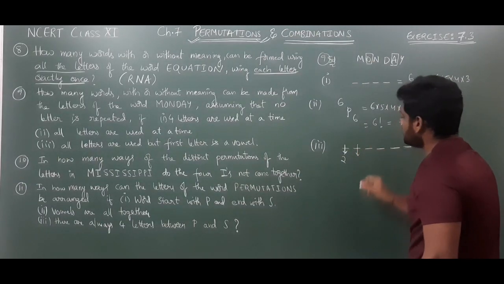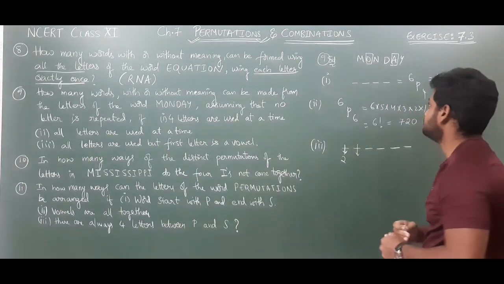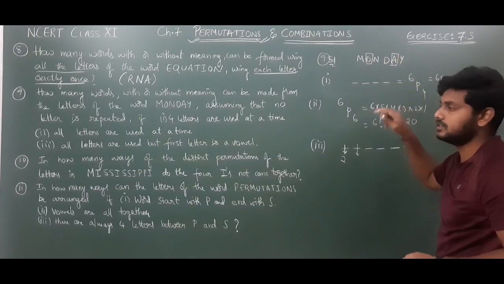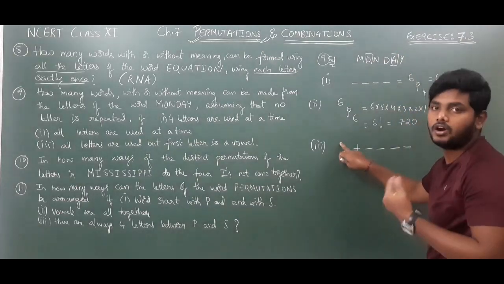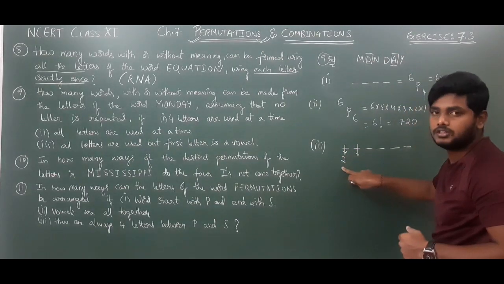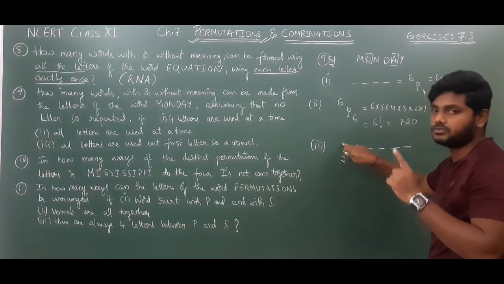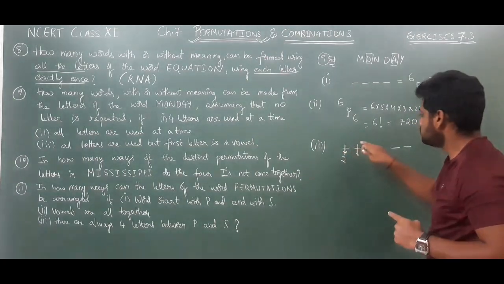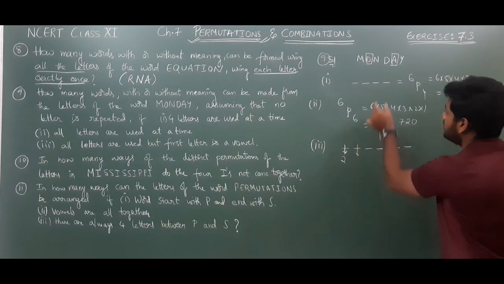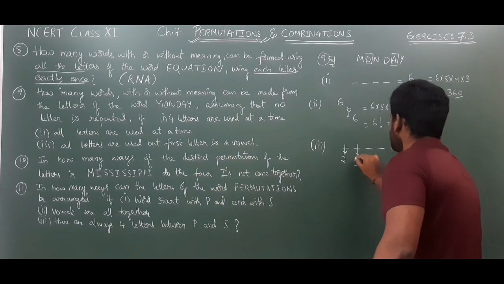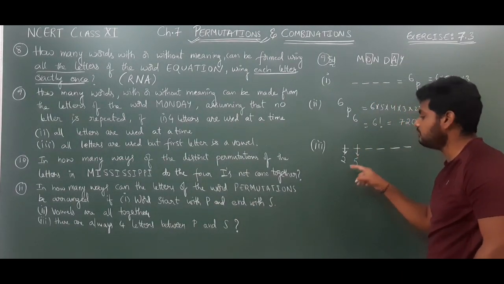Then the next one can be filled in how many ways? Out of a total of 6, one we have filled, either O or A, 2 ways. But only one letter has been filled, so the next letter will have 5 choices. Remember, 5, not 4.